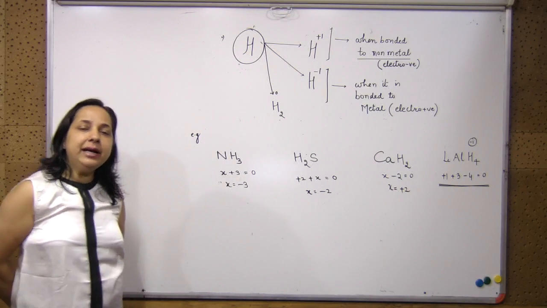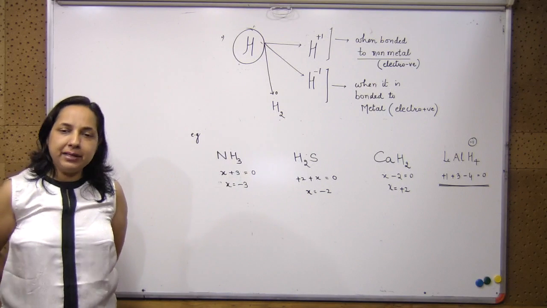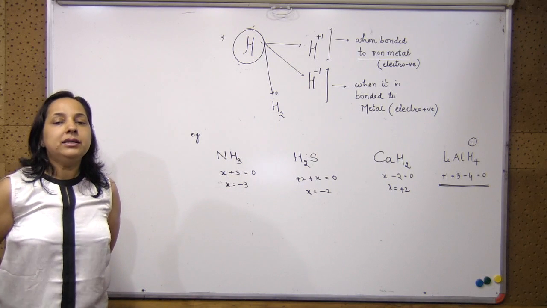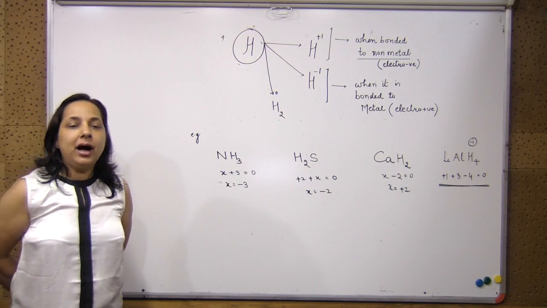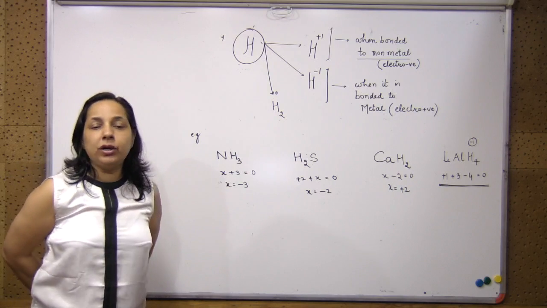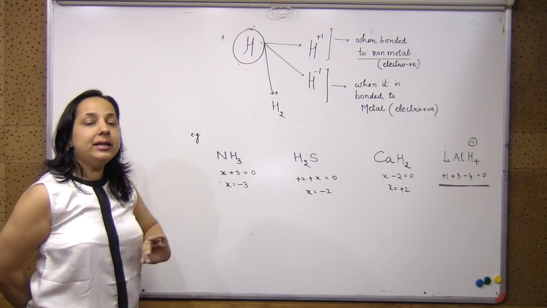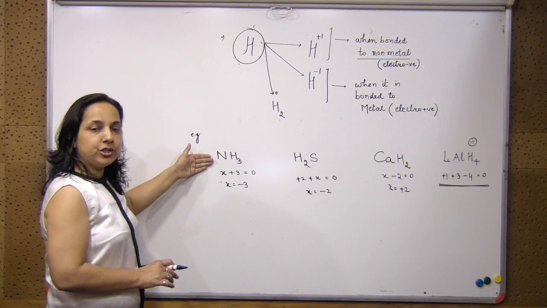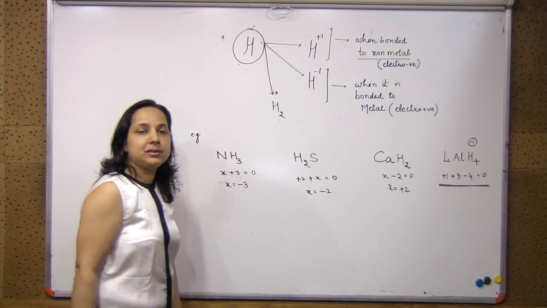Third rule, hydrogen can be -1, +1 or 0. Hydrogen +1 means it is bonded to a non-metal. Hydrogen -1 means it is bonded to a metal, and we can calculate this oxidation number as shown in these 4 examples.